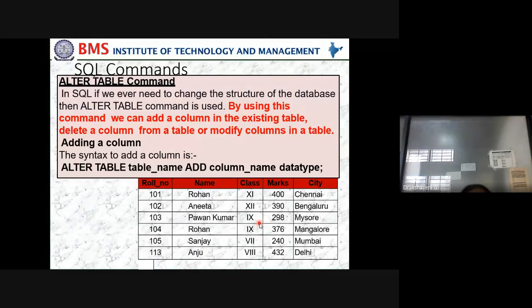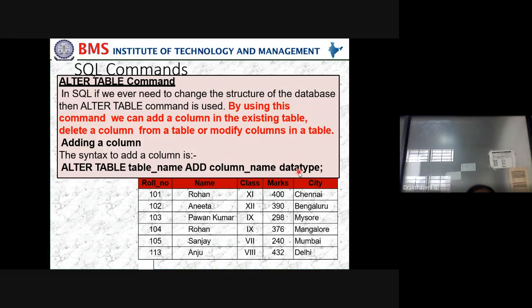So now you can see in this table there is an alter table. The syntax for the alter command is: alter table, table name, add column name, data type. So what we are doing here is adding a column. What type of data do we want to store?